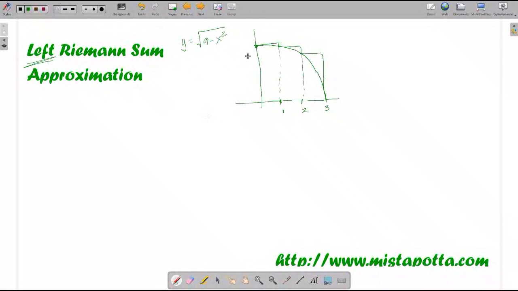Here, if I substitute x equals 0, my height is 3, and so my area is 3. Here, if I substitute a 1, my height ends up being radical 8, and my area is approximately 2.828.